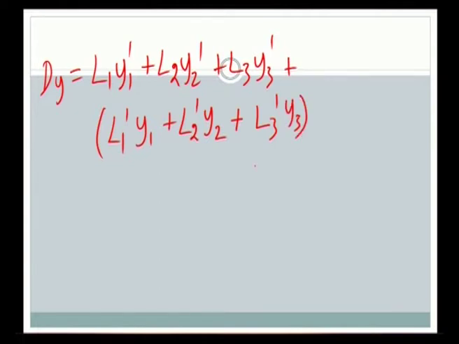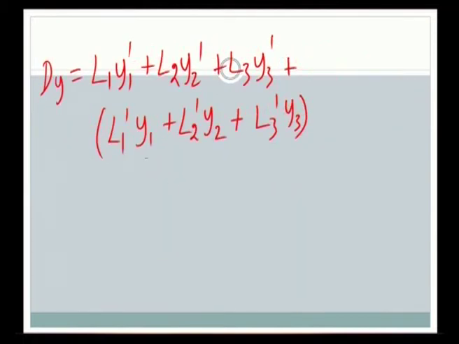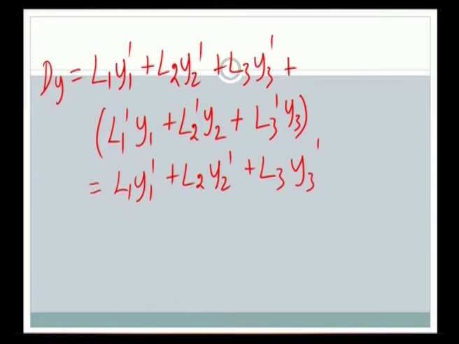In the conditions we learnt that L1 prime y1 plus L2 prime y2 plus L3 prime y3 is equal to 0, so this one will become 0. So, we get dy is equal to L1 y1 prime plus L2 y2 prime plus L3 y3 prime. So, this is how we get dy.